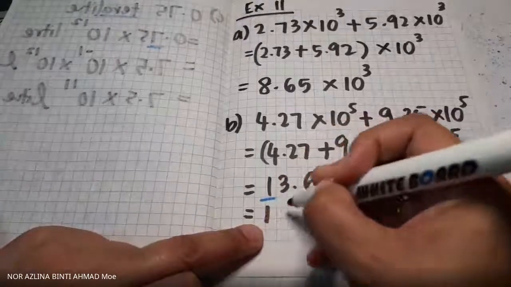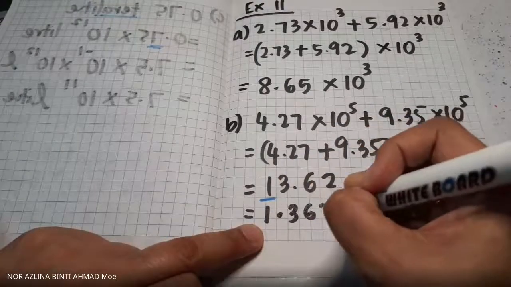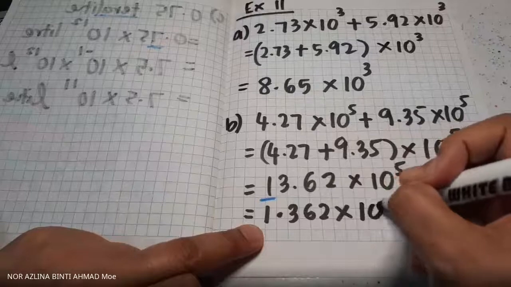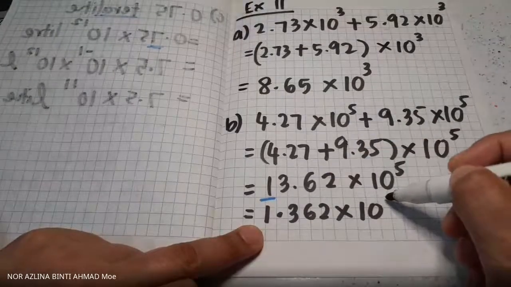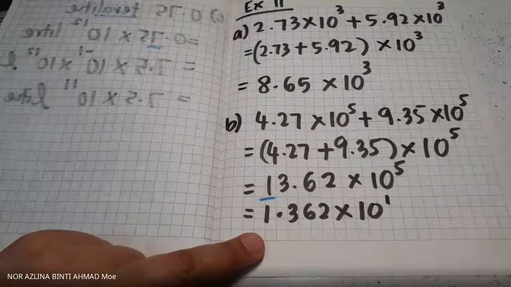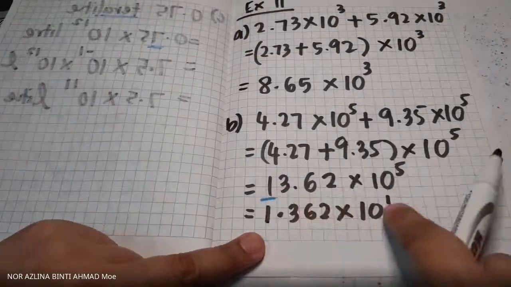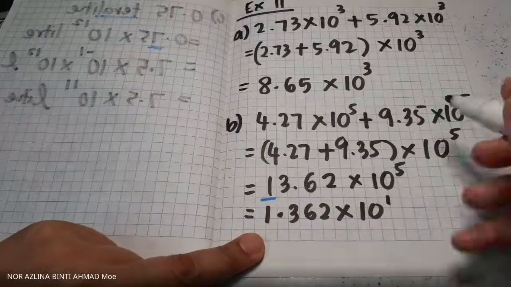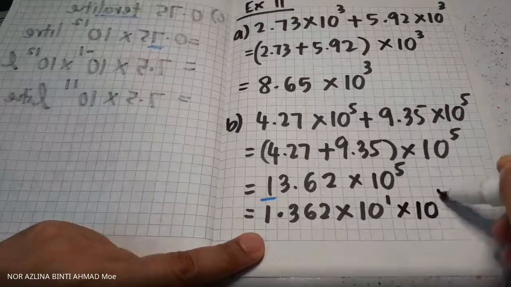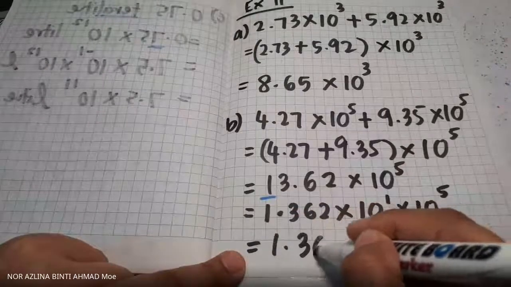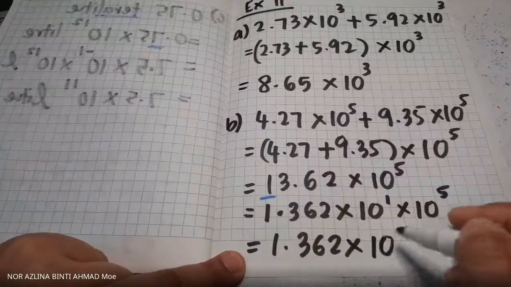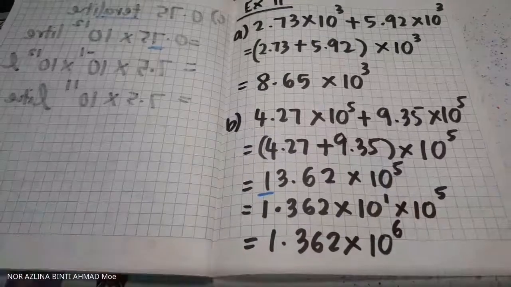So 1.362 multiply 10 to the power of, this is 10, so power of 1. And here multiply 10 power of 5. So final answer 1.362 times 10 to the power of 6.